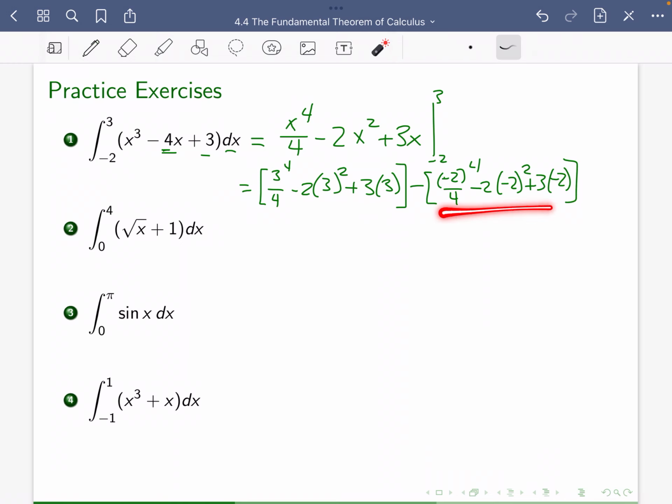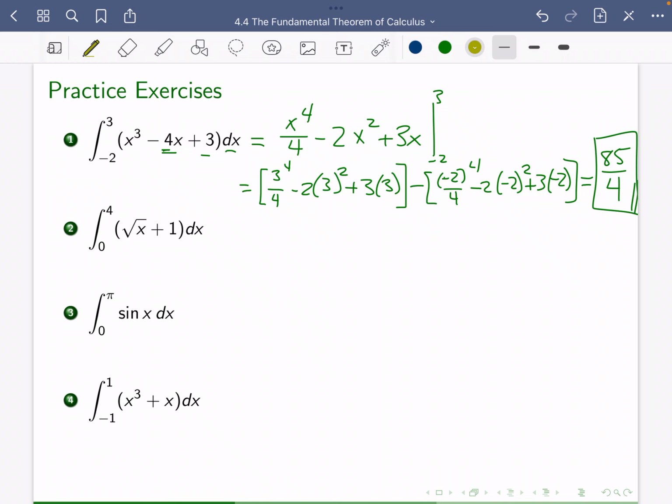And be careful because we are subtracting all of this. So we're subtracting everything when we plug in that negative 2. Right? So not just the first term, but all of it. And when we do that and simplify, we will get 85 fourths.